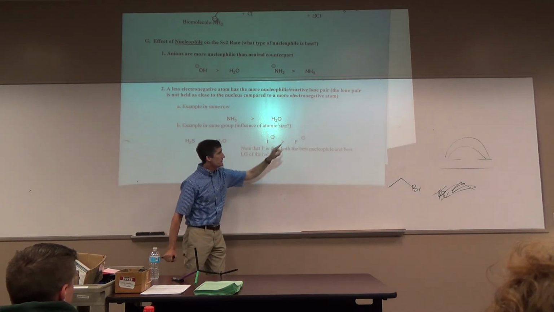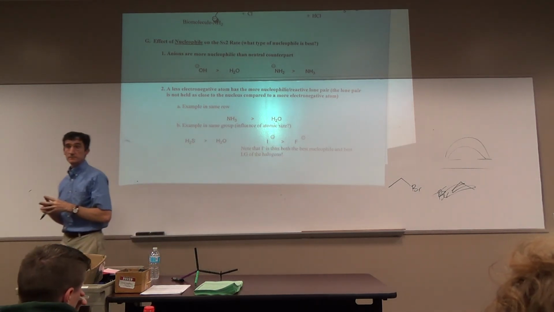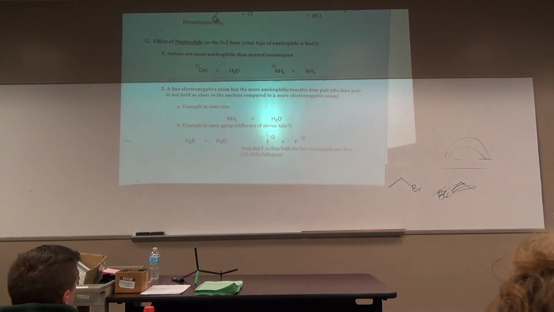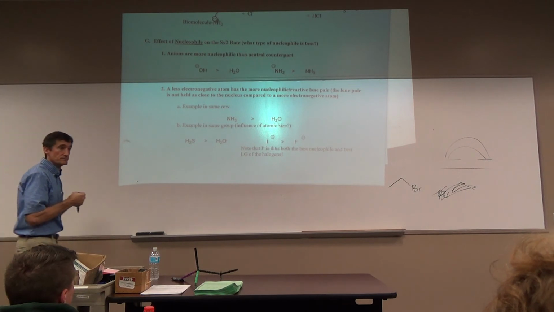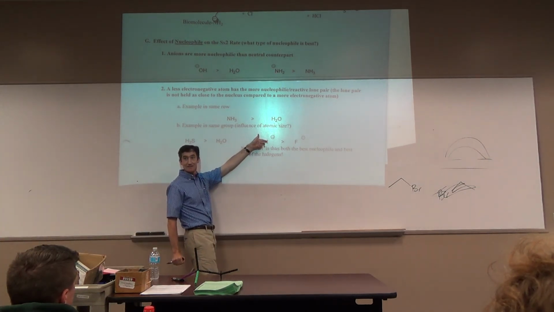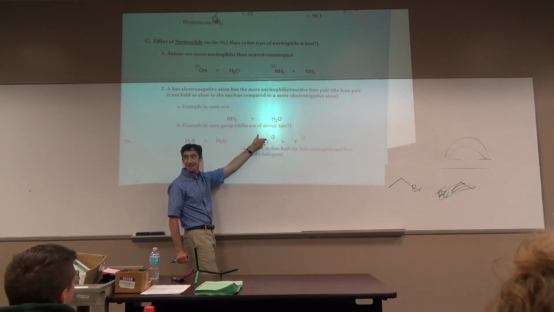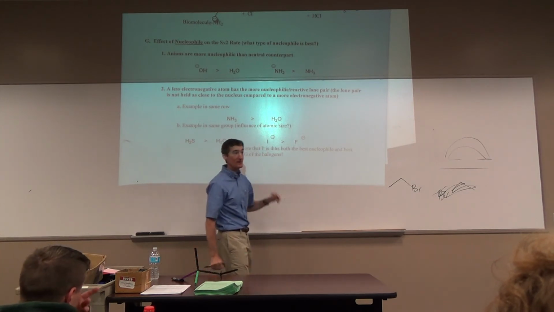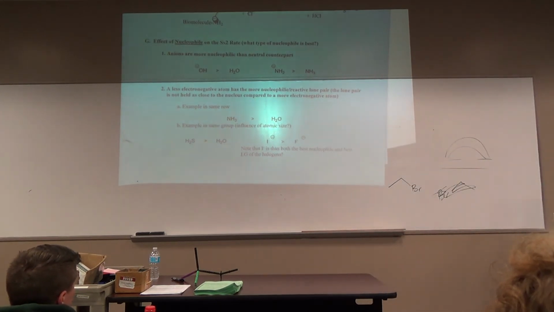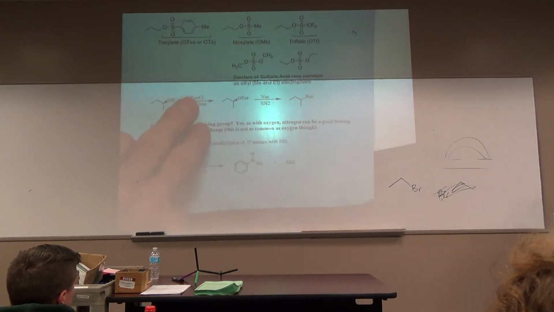I minus is a better nucleophile than F minus. F minus holds the electrons tighter. Bad parents have reactive kids. All right? Bad parents have reactive lone pairs. They don't hang on to the kids there.